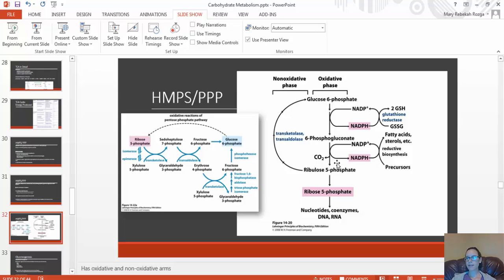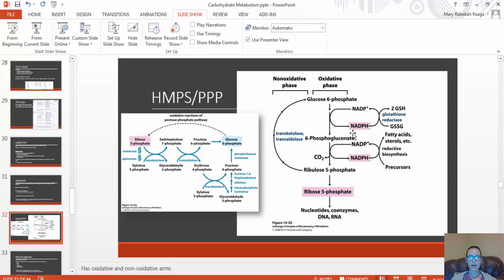And then we have the second step, which is the 6-phosphogluconate dehydrogenase, again producing NADPH by oxidizing the 6-phosphogluconate to ribose 5-phosphate. Okay. And then we ultimately have the production of the ribose 5-phosphate.